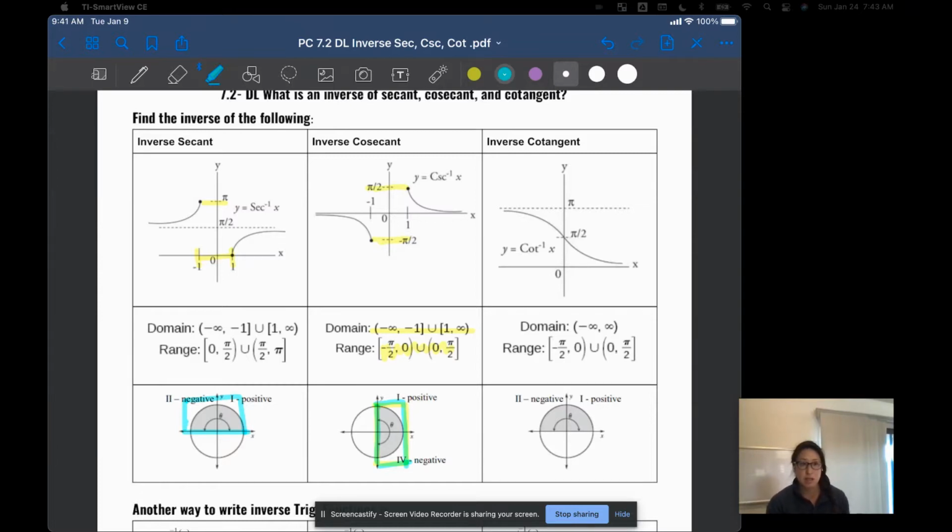Secant and cosecant have the same range as cosine and sine. Secant has the same range as cosine, and cosecant has the same range as sine. Cotangent does not have the same range as tangent.